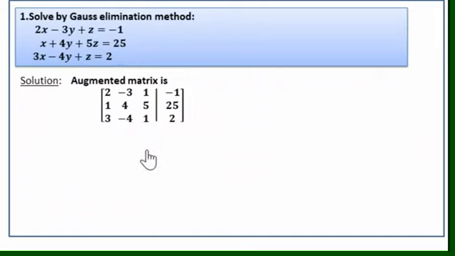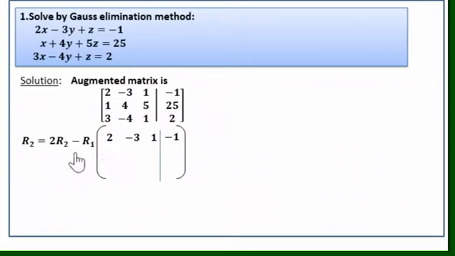So in the first step we change R2 and R3 using R1. The corresponding row operation will be R2 equal to 2 R2 minus 1 R1. R2 is 2 times R2 minus R1, that is 2 times 1 minus 2, we get 0.